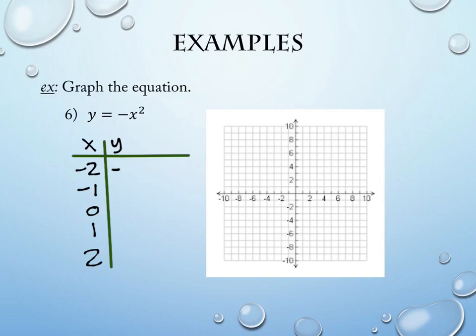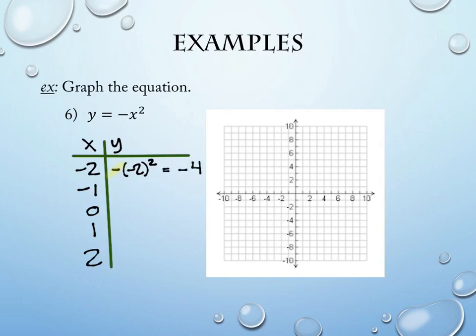But I have a negative here, and then I have (-2)². So again, we start on the inside. I have a -2, and that -2 is squared. So what is the -2 squared? 4, exactly, and it's +4. And then I have the negative out in front that will change it into a -4.